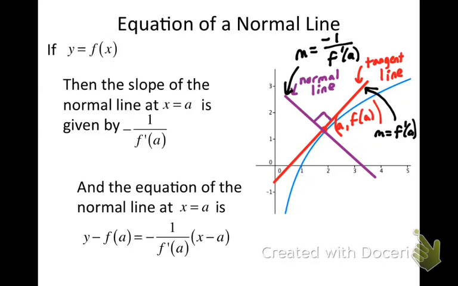Then if we're looking at our point slope form of the equation of the normal line, it's still going to go through that same point of tangency, the point a, comma, f of a. So our y1 is still f of a, and our x1 is still a. And again, this right here is the slope of the normal line. So y minus y1 equals m times x minus x1. That's how you go about writing the equation of a normal line. Now I'm going to show you one example of that in this video.